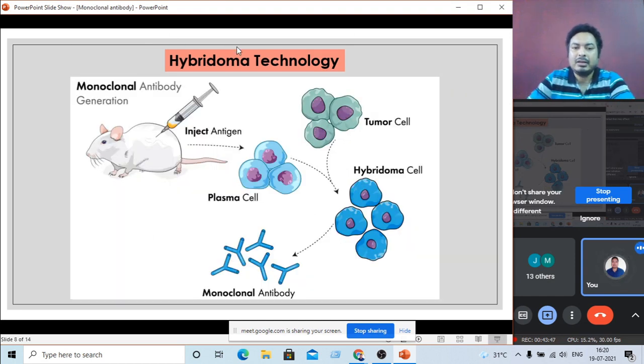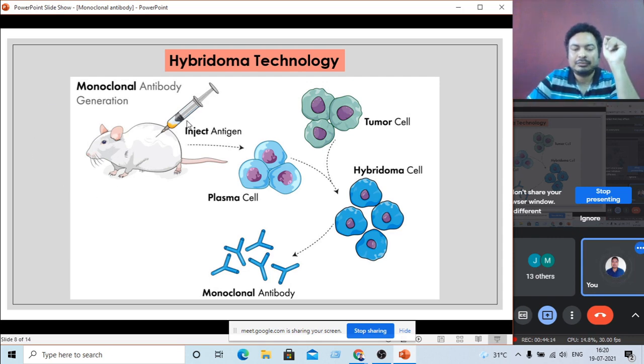So this is the procedure for the hybridoma technology. You can see, this is a rat. The rat is injected with an antigen. I already said we have to inject only a single type of antigen, because for a single antigen they can produce a single type of antibody, and this antibody is called monoclonal antibody. So the rat is injected with a single type of antigen.